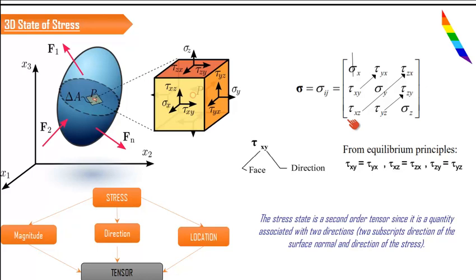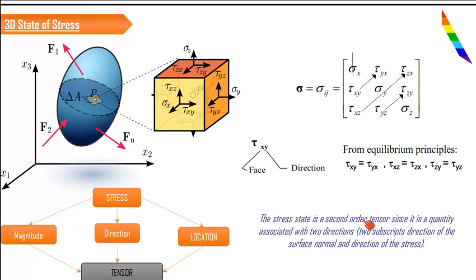It requires a magnitude, it requires a direction, as well as it requires a location. So a quantity which requires all these three is considered a tensor. So stress is nothing but a tensor. It's a second order tensor, since it is a quantity associated with two directions, two subscripts: direction of the surface normal and direction of stress.